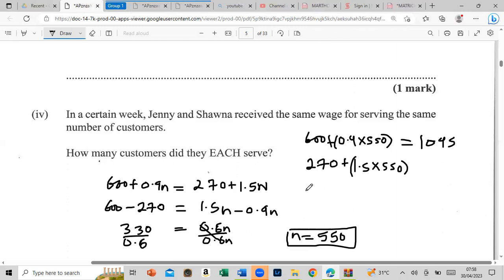Why did I put the bracket, guys? Because you want to work out the multiplication part first. Calculators are not smart like humans. Yes, this works out to the same thing. If they had asked how much they earned together, this would have been one of the possible answers. So if they serve 550 customers, both get the same salary. So n equals 550.